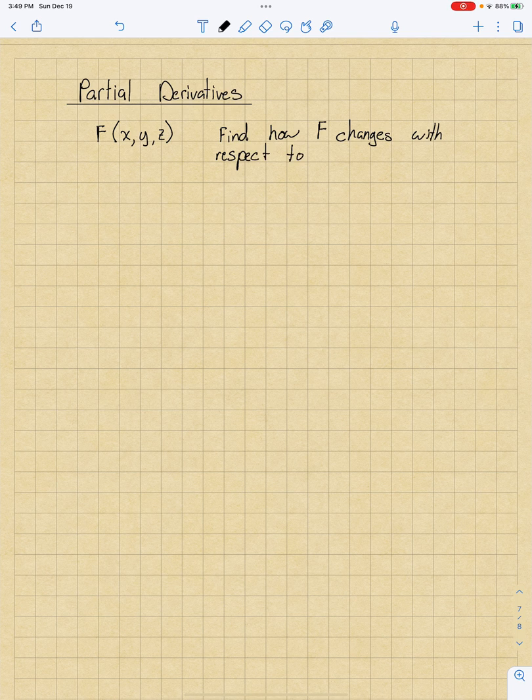And I do that with a partial derivative because I'm only looking at how this function of multiple variables changes with only one of the variables. So it's just a partial derivative of that function.